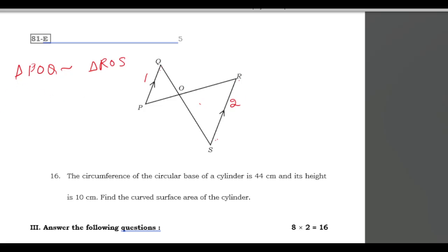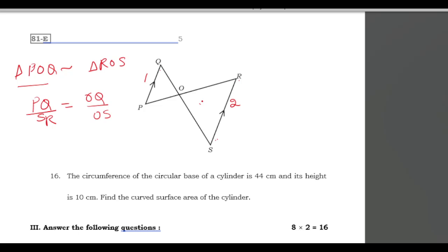Since triangle POQ is similar to triangle ROS, the ratios become PQ divided by SR is equal to OQ divided by OS.